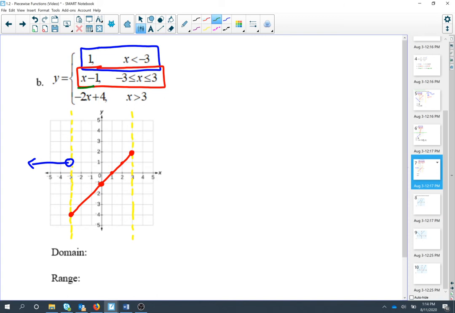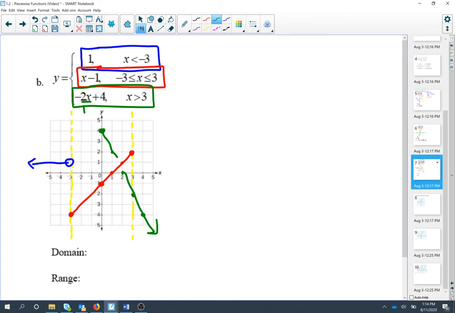Third one, -2x plus 4. Y-intercept is 4. Slope, -2 over 1. So down 2 over 1, down 2 over 1, down 2 over 1. So my line would go something like that.